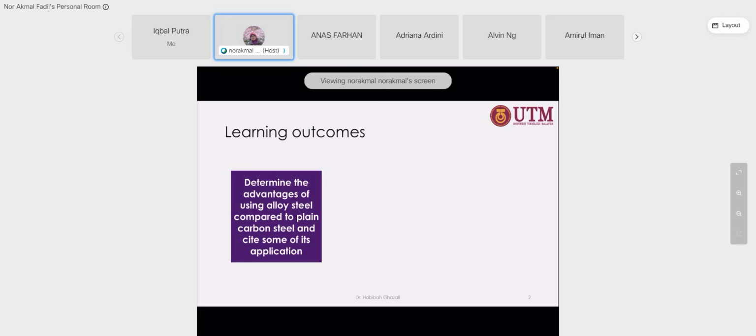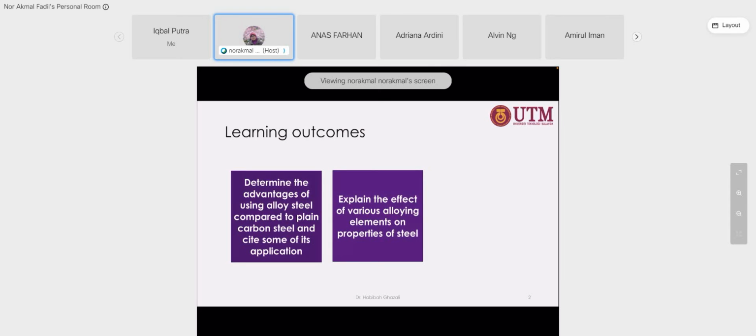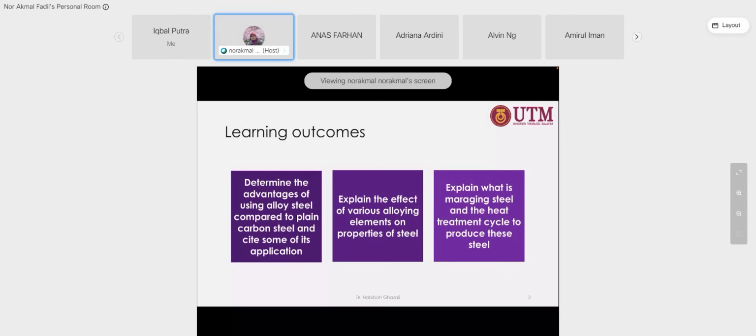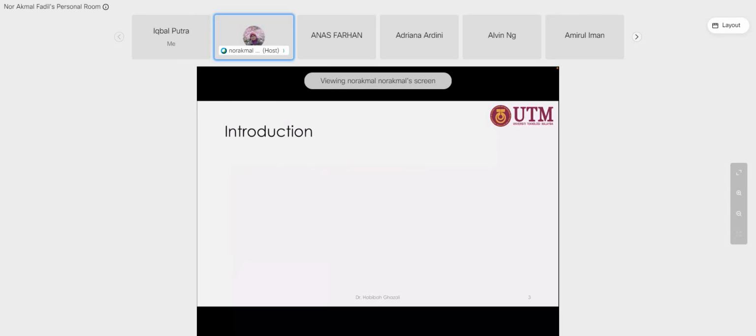Now we are going to discuss the other elements that are added onto the steel, and the effects of various alloying elements on the properties of the steel. You should also be able to explain what maraging steel is and the heat treatment cycle to produce this steel.